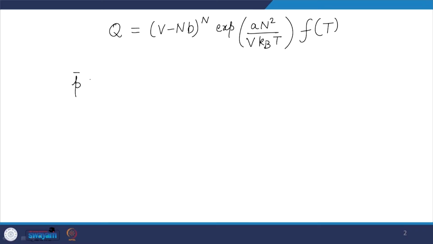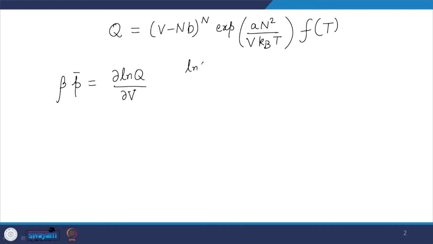So now if I am interested in the average pressure, it is again given as ∂ln q/∂V, but now it is beta multiplied by that, as we used for the ideal gas model. And now again we can do the ln q using this.